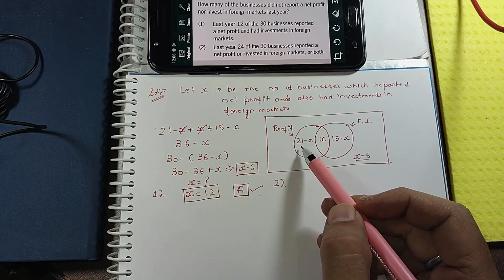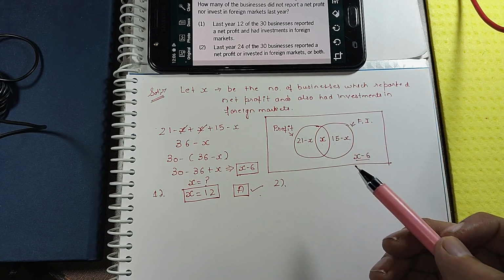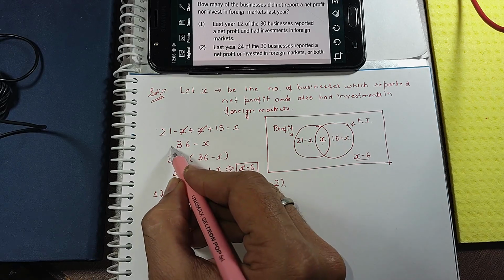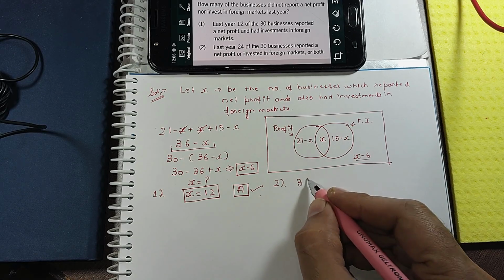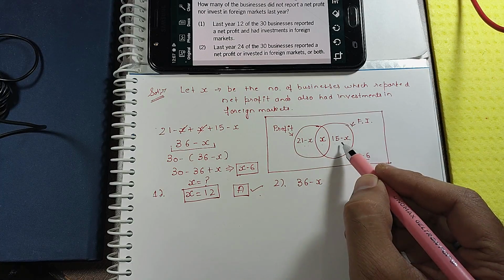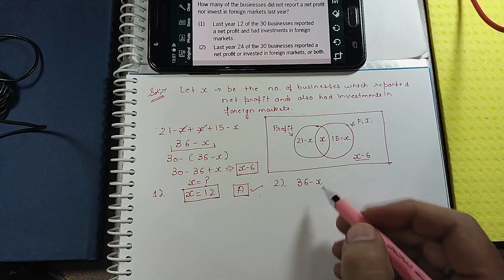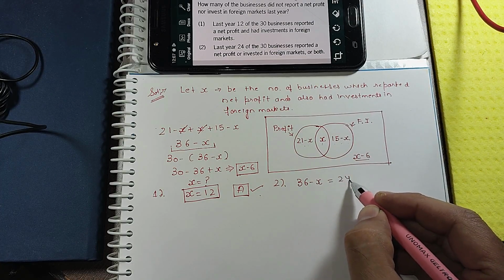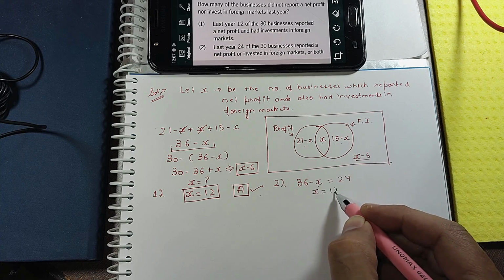So that is basically this 21 minus X plus 15 minus X, which we have calculated to be equal to 36 minus X. So adding, I got 36 minus X equal to 24. From here shifting X to the other side, I get the value of X equal to 12.